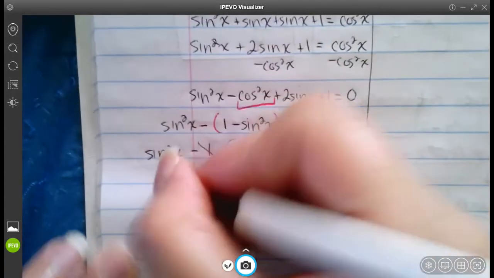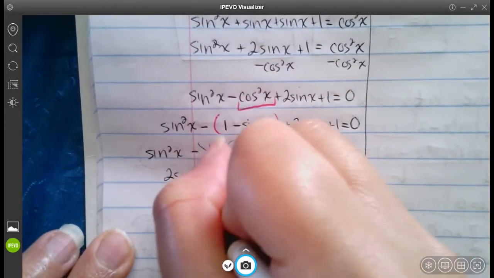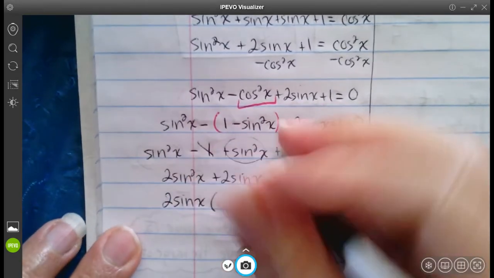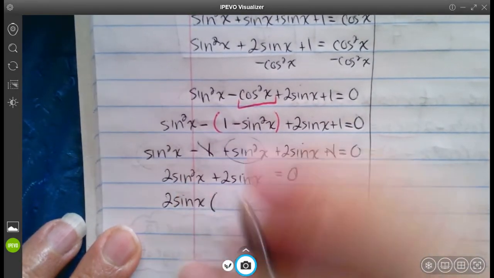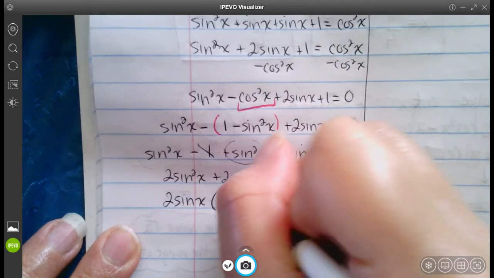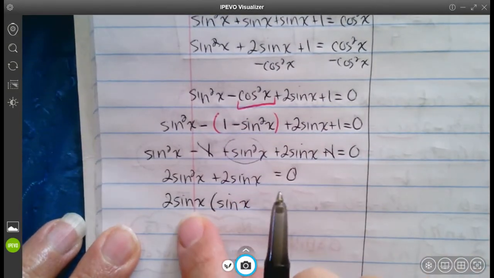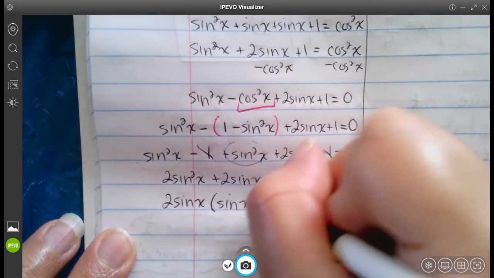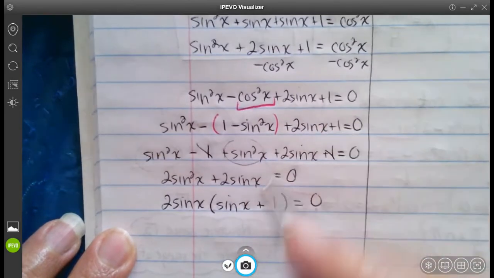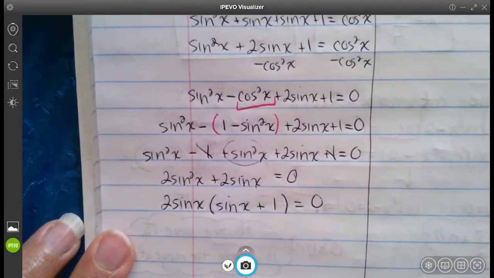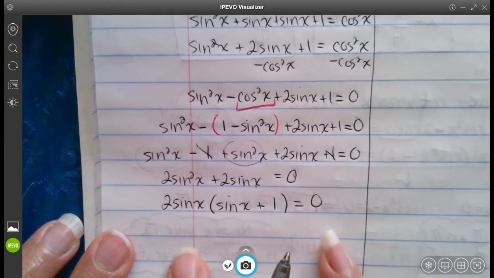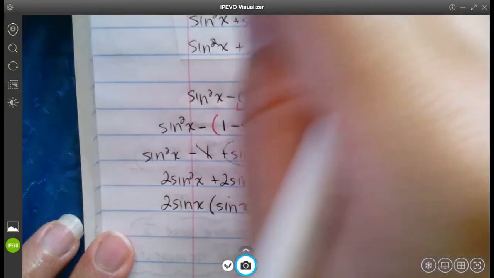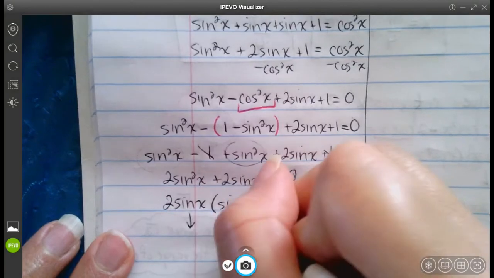Let's factor out a 2 sine of x. If I take out the 2 and I take out a sine, I'm left with one of the sines there, right? It's kind of like x squared. You have 1 x left plus 1 because I factored out this entire thing. And now you can see this looks like one of the ones we just did before, where you can set each of these equal to 0 and solve.